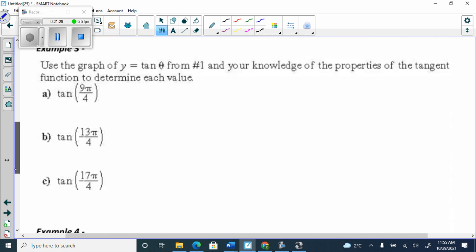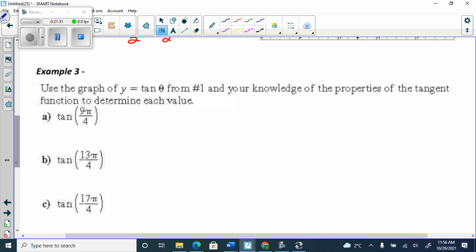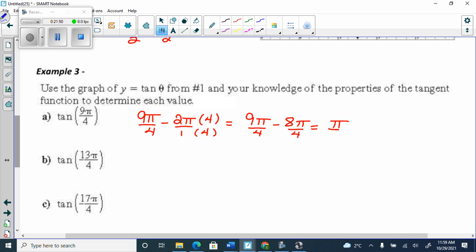You do example 3. We have 9 pi over 4. It's too big, so we're going to subtract 2 pi, which is over 1, so we multiply this one by 4. We get 9 pi over 4 minus 8 pi over 4, which is just pi over 4.